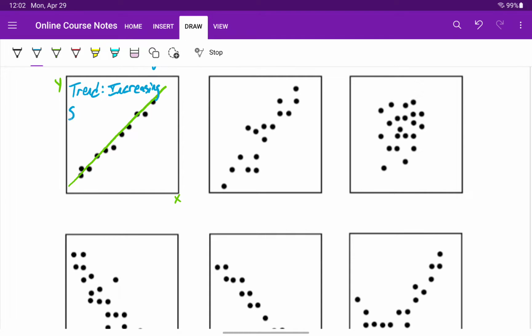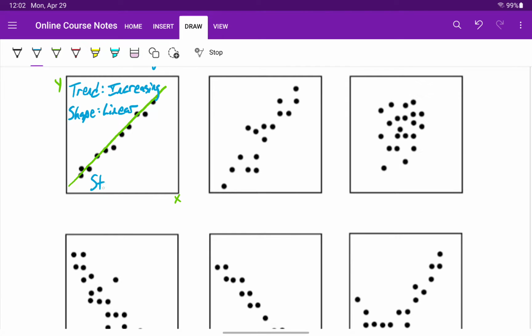Our shape is more or less linear because those points, while they don't follow a perfect straight line pattern, are somewhat closely approximating a straight line pattern.